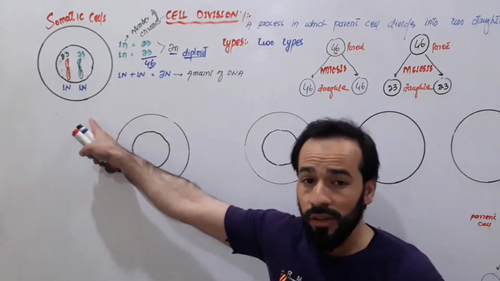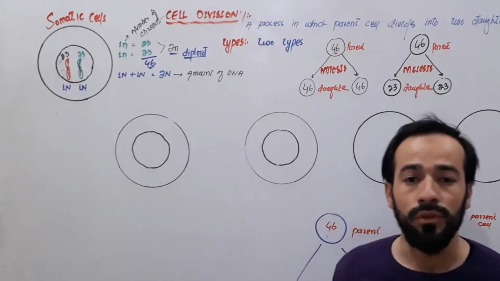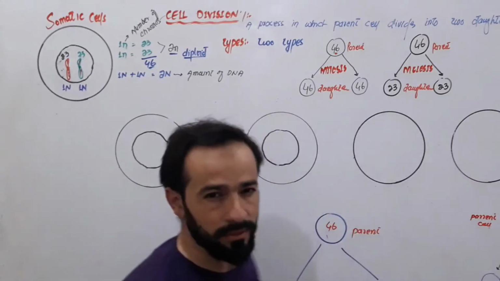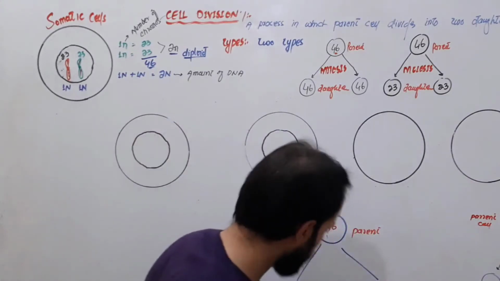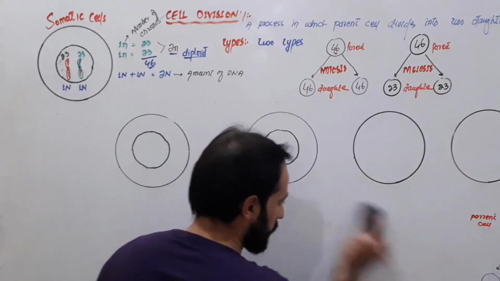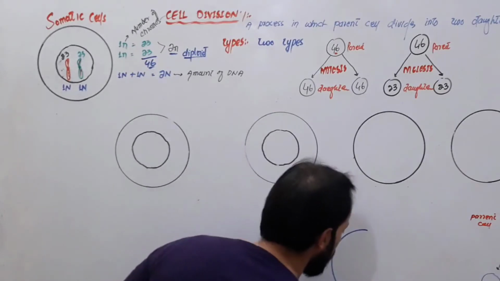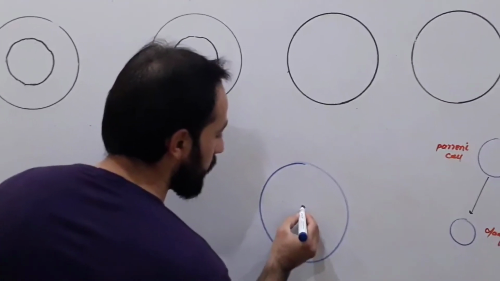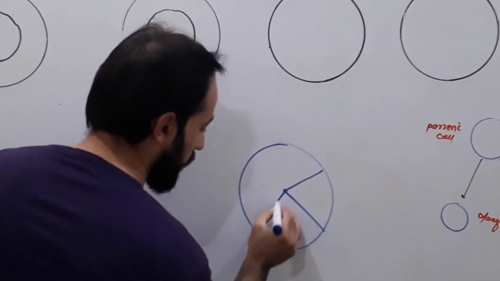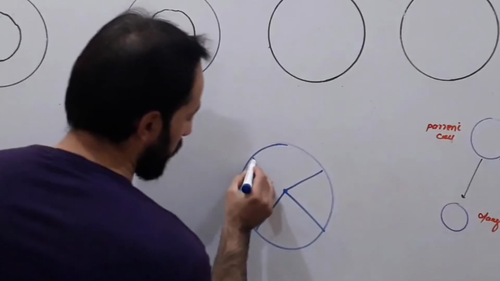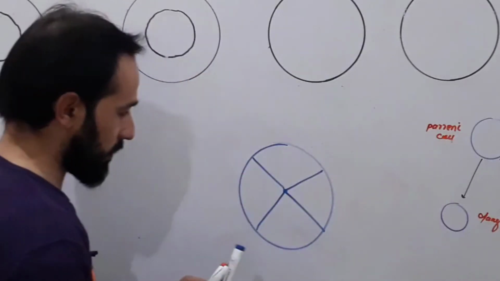This cell has decided to enter the mitotic phase or division phase. Clear? As we know from the cell cycle, I had told you that the cell cycle comprises 2 phases, right?